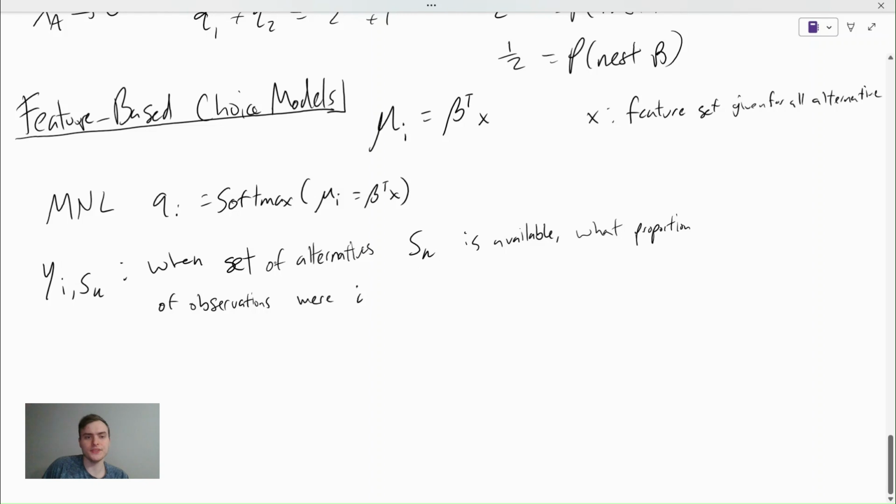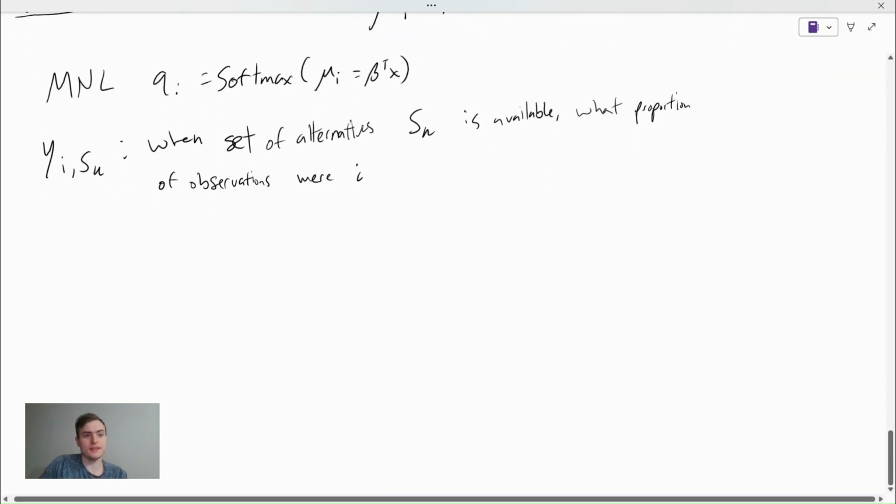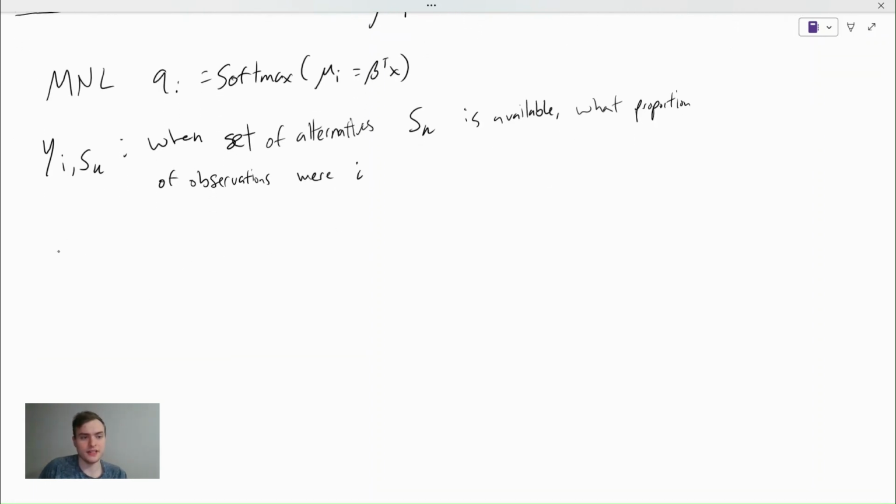And so our beta can be gotten from maximum likelihood estimation, right? So beta hat equals the maximum over beta. This is saying the beta that we're choosing is the beta that maximizes this function.